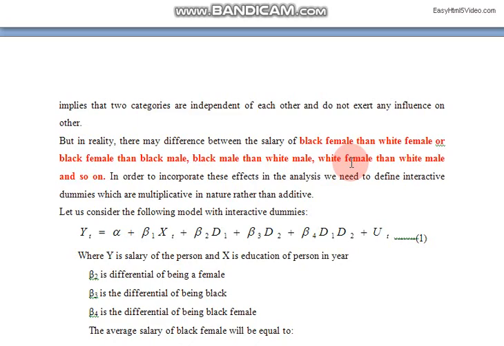So the gender and the race variables can interact with each other.